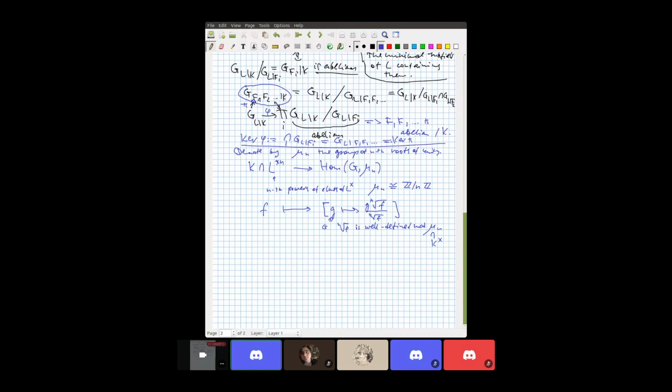Yeah, because if you raise it to the nth power, then you get G of f over f, and f is an element of k. So this is an element of k, so it is fixed by G. And G is the Galois group.